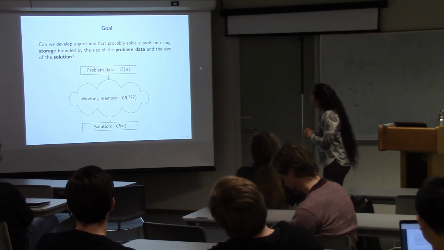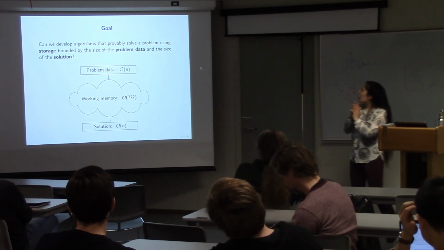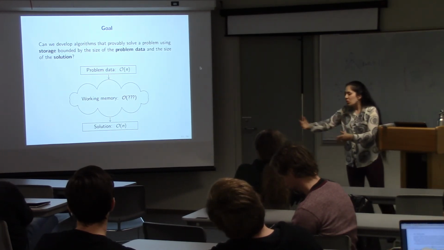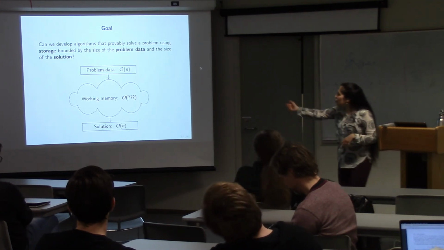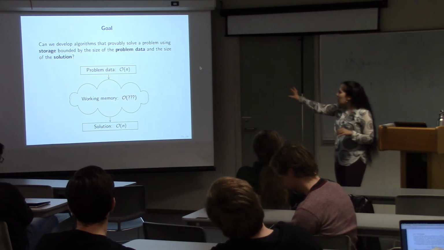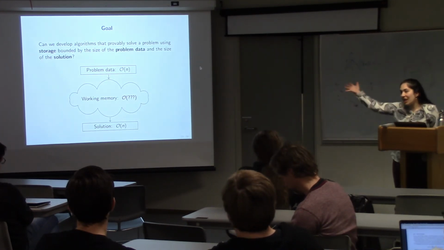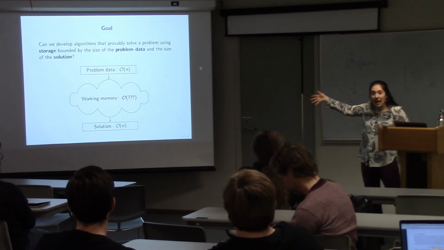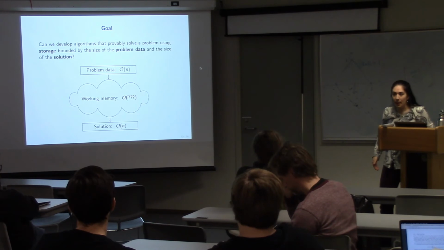So here we're going to parameterize the problem. The data is going to take n numbers to represent, or some multiple of that. The solution will take n numbers to represent, and we want to be able to solve this using as little memory as possible. The question is, can we get it down to n? Definitely we need n to read in the data or write out the solution. Can we do it in n?